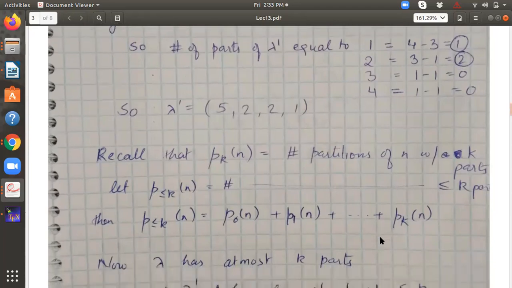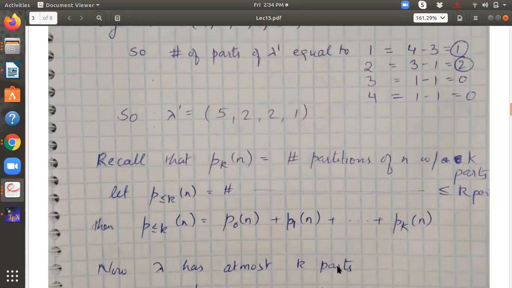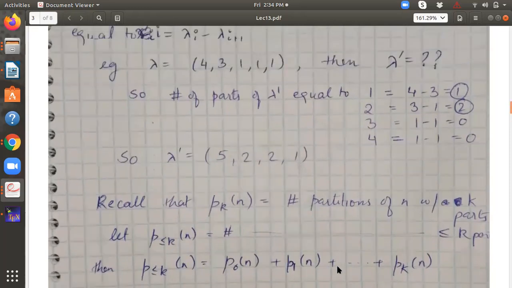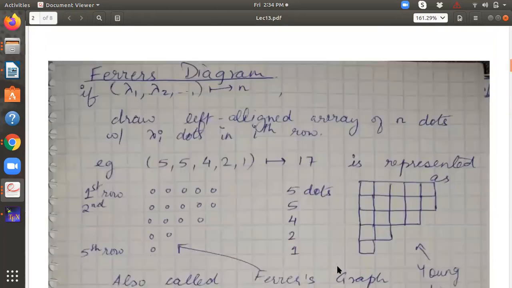Now, when you say that lambda has at most k parts, what does this really say about lambda prime? So come to this diagram again. Lambda has, let's say, 5 parts, right? So if you have 5 parts, which means you would have had 5 rows here, correct?